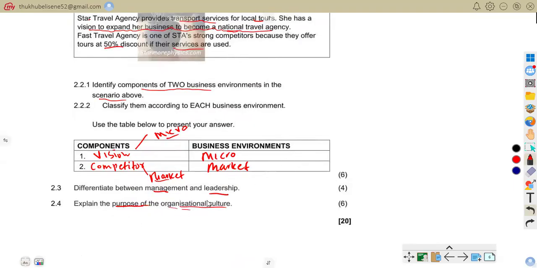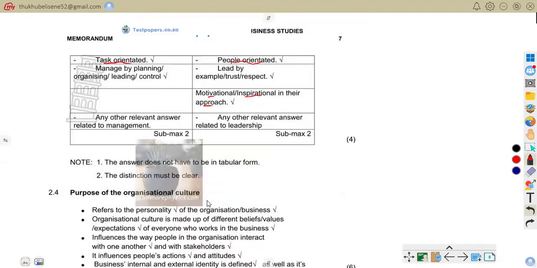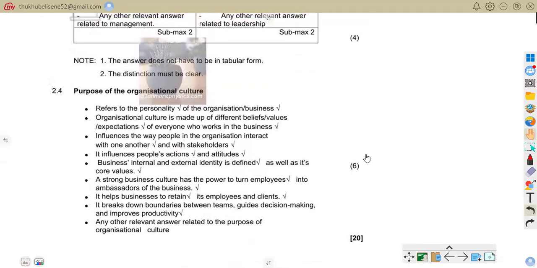Purpose of the organizational culture. So here we are on the purpose of organizational culture. As it says, the first point is that it refers to the personality of the organization and business. For example, a company known for innovation and creativity.